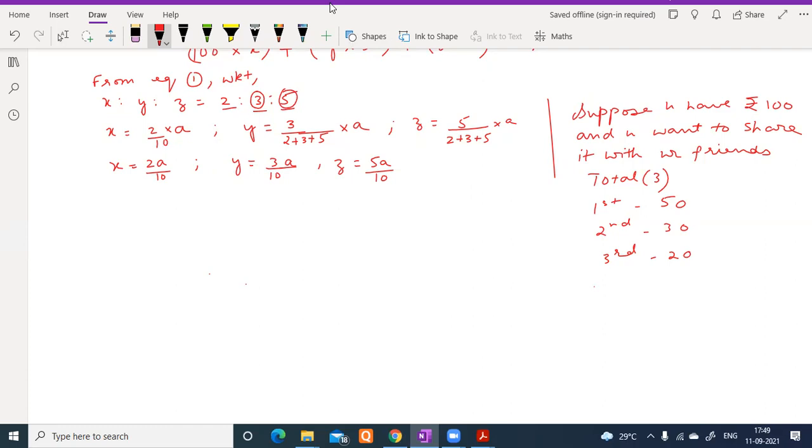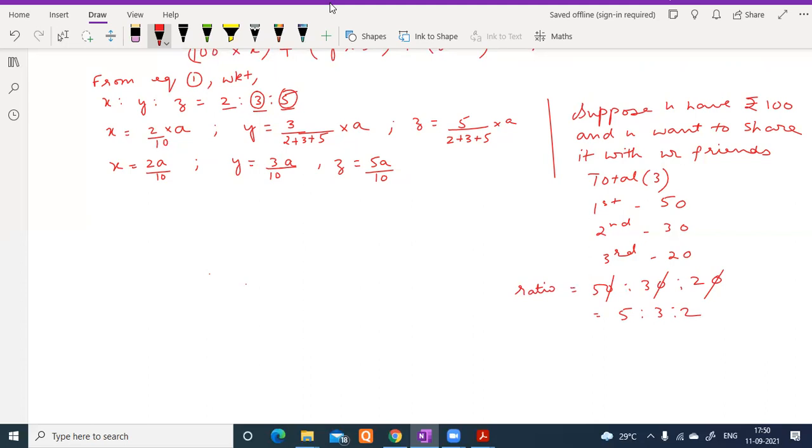That is 50:30:20. If I simplify this, it is nothing but 5:3:2. That is the ratio in which the amount is given to 3 friends, 50:30:20, which is nothing but 5:3:2.